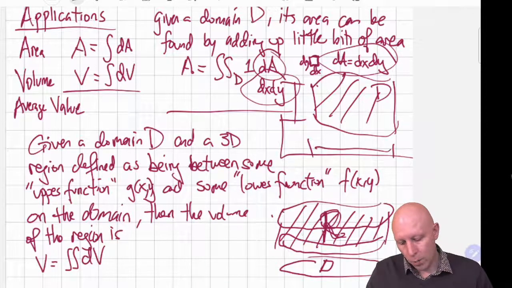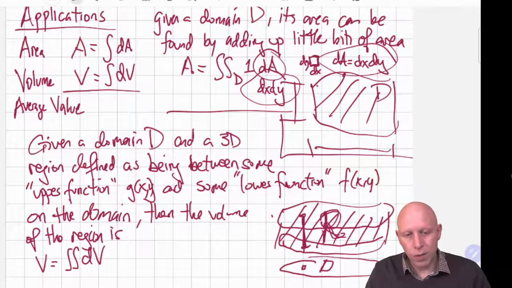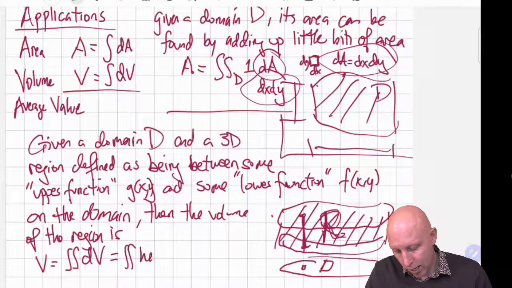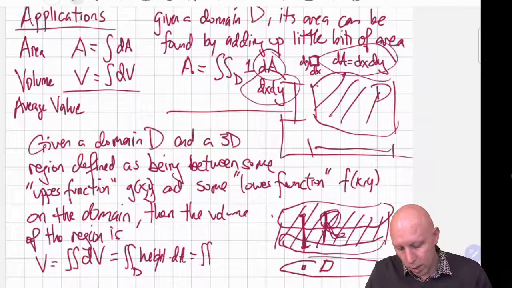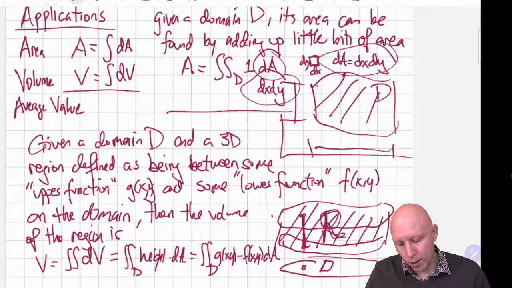And what we're saying is that for any little bit of area down here, the height of this region is what matters. So we'll write this as the integral of height times dA over our domain, which is the double integral over our domain of g of x, y minus f of x, y dA.